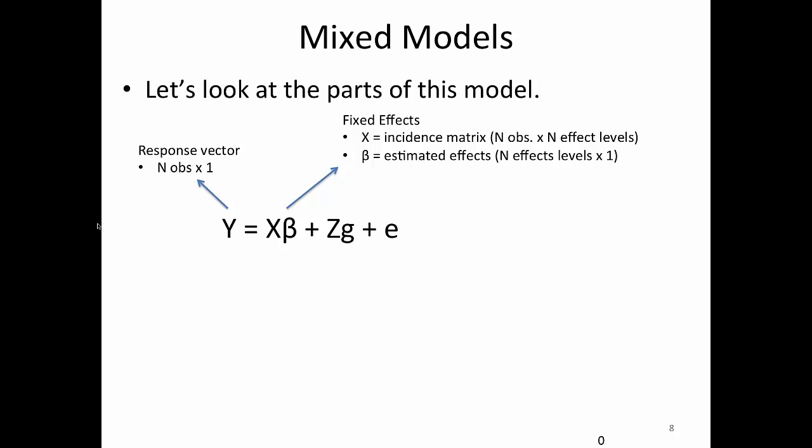So if you have 3 locations, you should have 3 columns, or actually 4 with an intercept. And then beta will be a column vector with the number of rows corresponding to the number of levels of fixed effects. Error variance is also a random variable, with mean of 0 and a certain variance, sigma squared E.